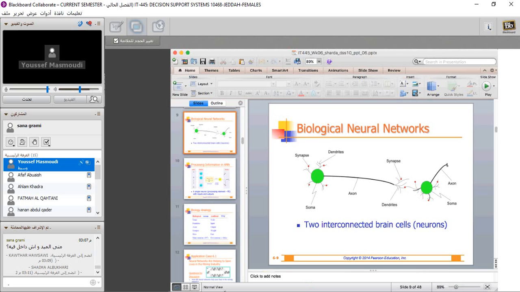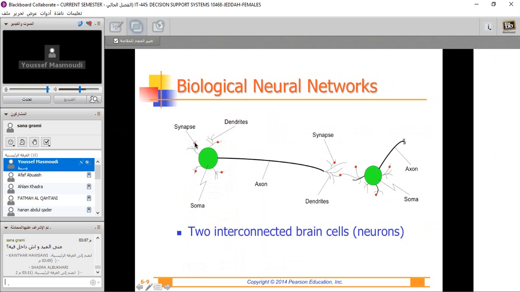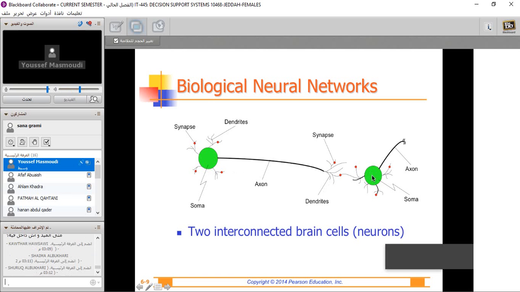So this is what's happening in the biological neural networks. So we have several synapses that will capture information, and this information will circulate through soma and axon, then to dendrites, to arrive to another neuron, and this neuron will send the information to the next neuron, etc., till the information arrives to the brain.